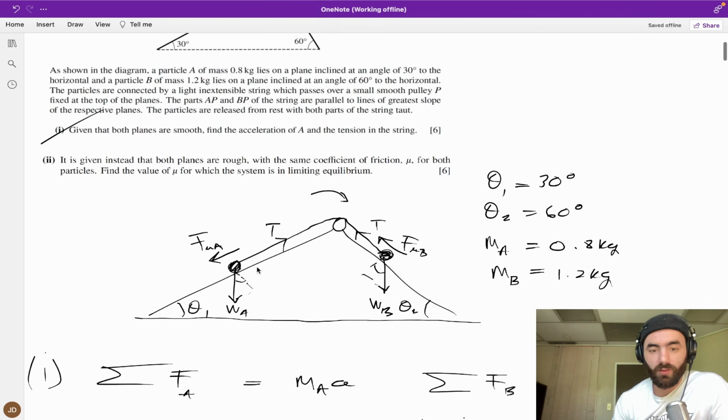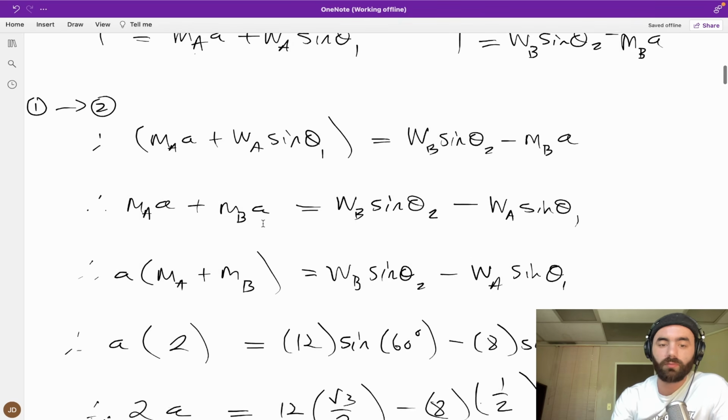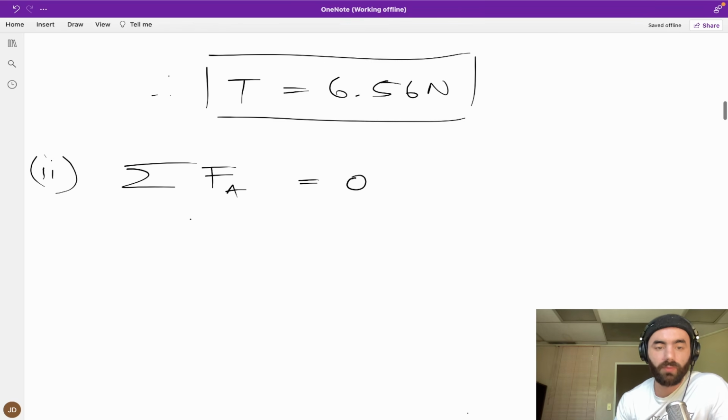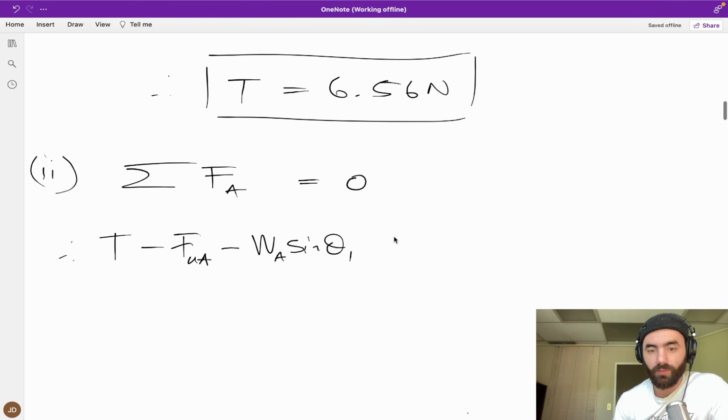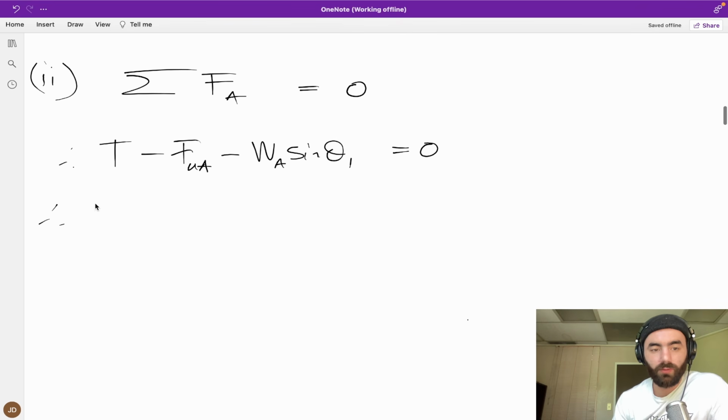This would be the tension minus the frictional force of A, minus the weight down the slope, WA sine theta 1, equals 0. So we can rearrange for the tension like we did before: T equals F mu A plus WA sine of theta 1.